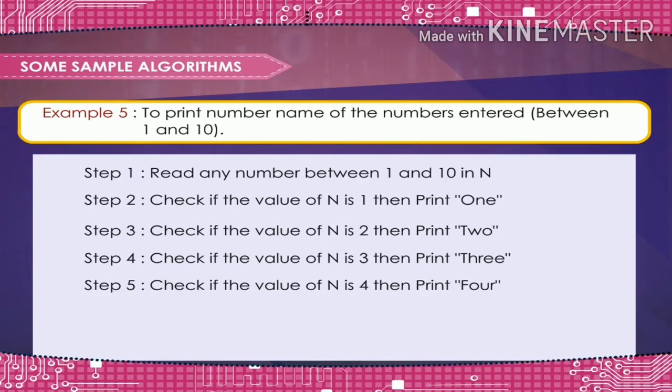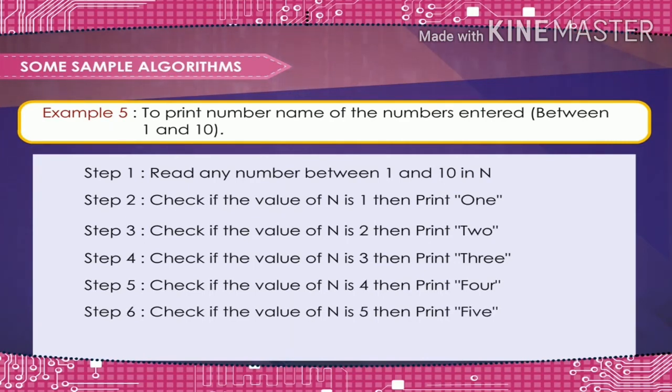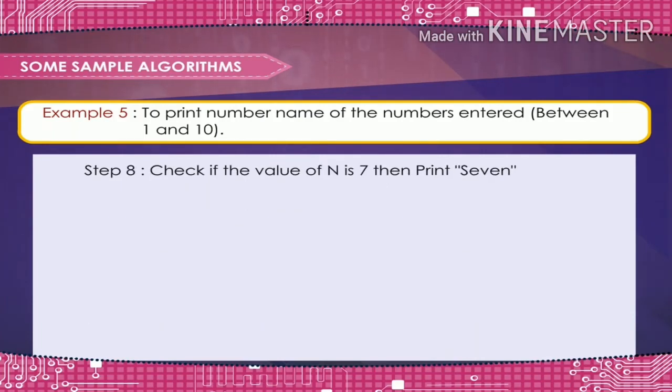Step 5. Check if the value of N is 4, then print 4. Step 6. Check if the value of N is 5, then print 5. Step 7. Check if the value of N is 6, then print 6. Step 8.